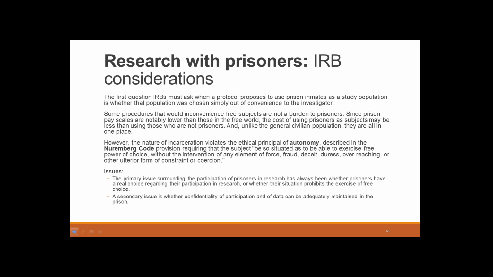It has to almost have something to do with incarceration. It's sort of like when we talked earlier about children or pregnant women. If it's important to that population, then you can do the studies with them. But if not, you use another population. Don't use the convenient prison population.